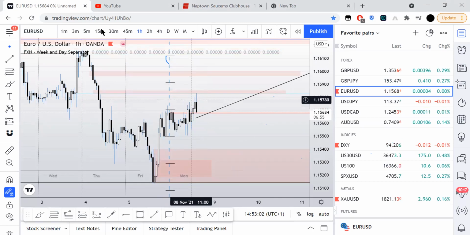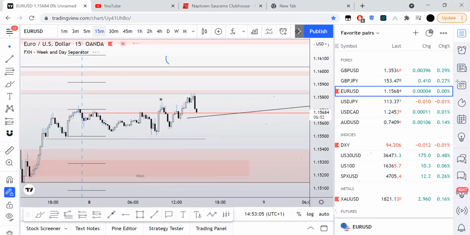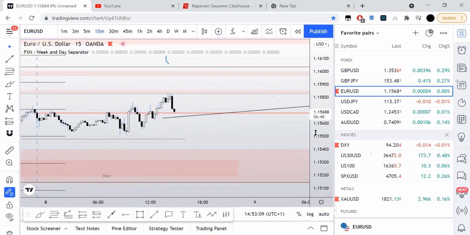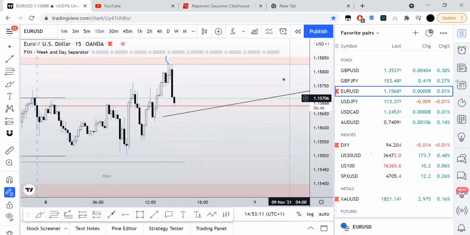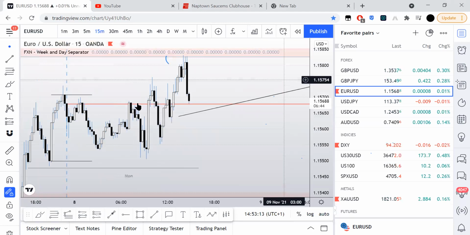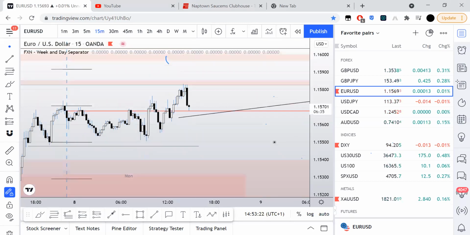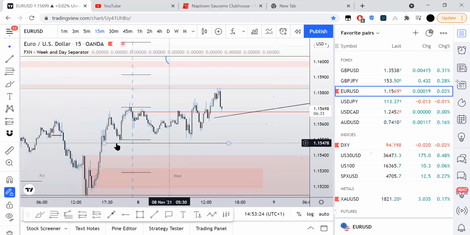Let me see how it looks on the lower time frame. Daily opens here. Accumulation. This could be a manipulation to continue back down, at least to take out this liquidity here or get down here.